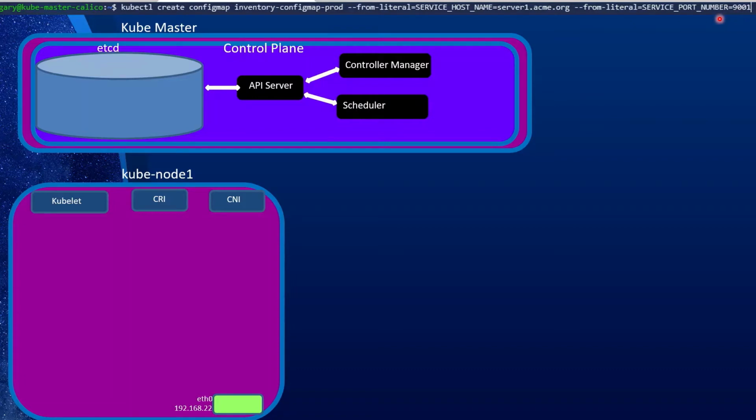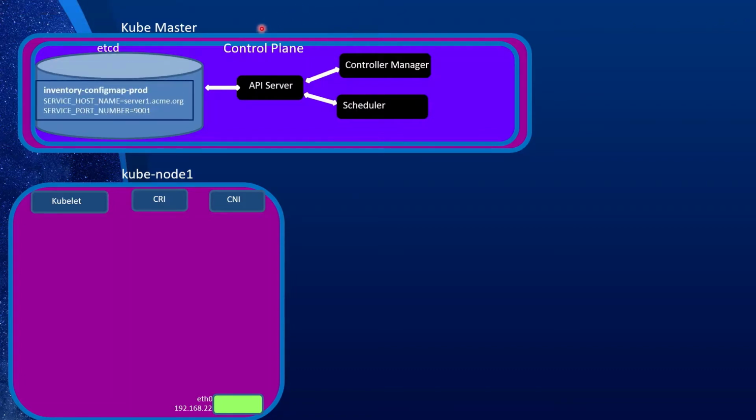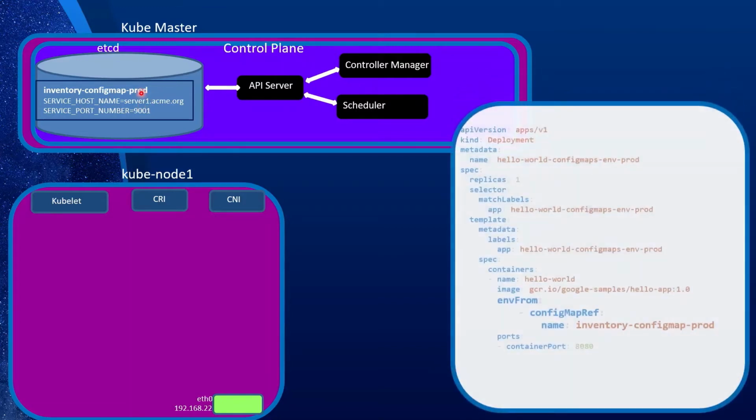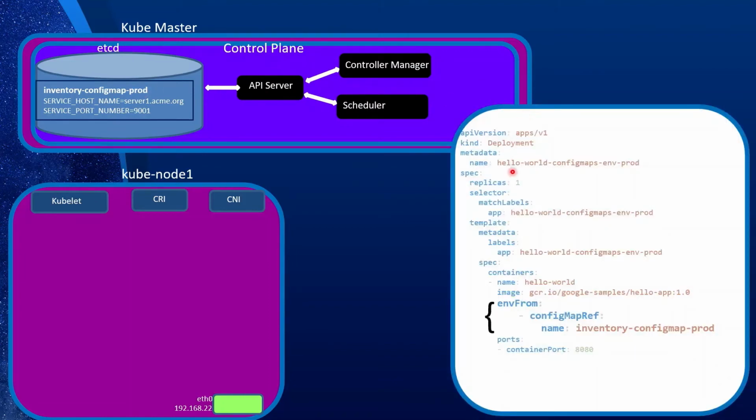Once we hit enter, we contact the API server, and the config map that we just created will be persisted inside etcd. Again, we are abstracting the config map information from the pod itself. Then we can define our pod using either a deployment object or a pod object.